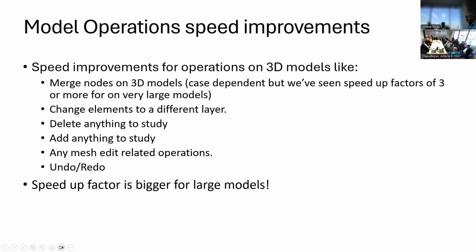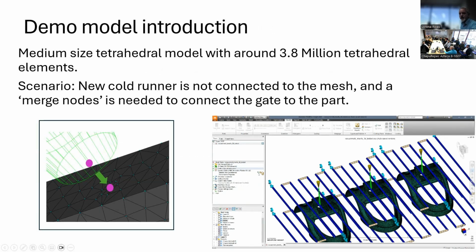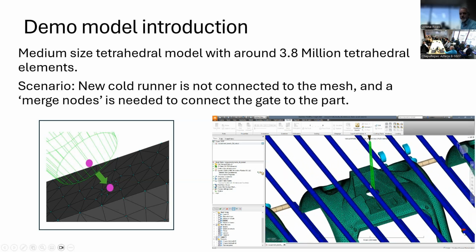Another thing we spent quite a bit of time on is speeding up some modeling operations in Moldflow. So if you work with large models, certain things like merging nodes can become really time consuming and really not great. So we spent quite a bit of time on improving that in this release.